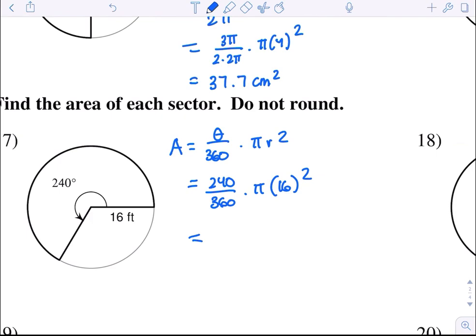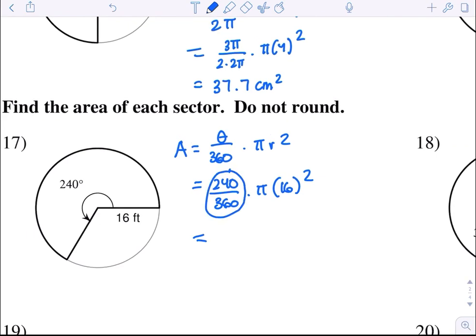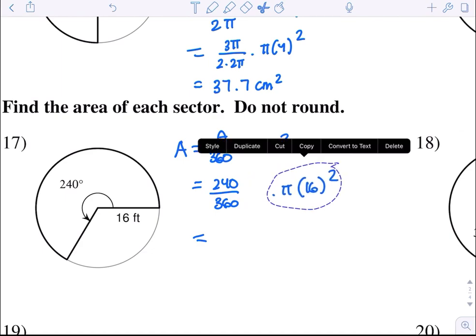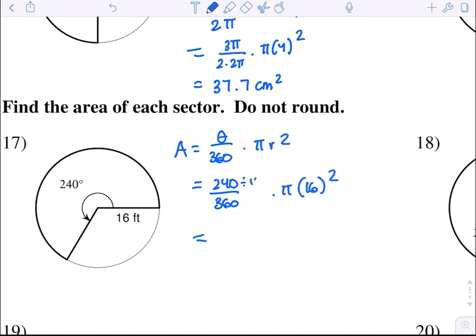Alright, so this fraction, you guys, you can simplify this by dividing top and bottom by 120. So I can already divide top and bottom of this by 120, which I know it's going to be 2/3 times pi times 256.